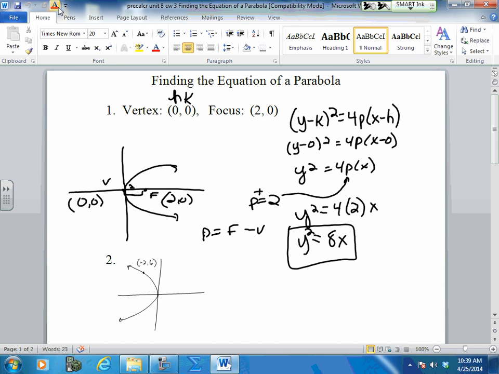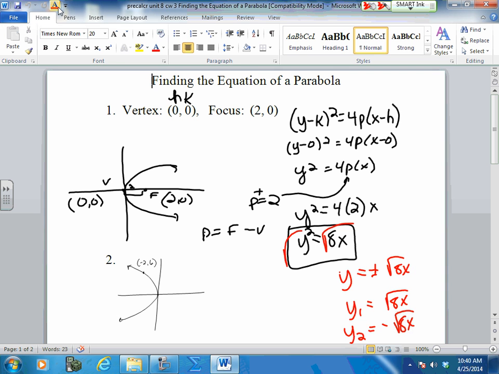Okay? Now, if you want to check this on your calculator, you can't put y squared into there, but when you take the square root of both sides, you get y equals plus or minus. So you can put the positive one in your y1 and the negative one in your y2.